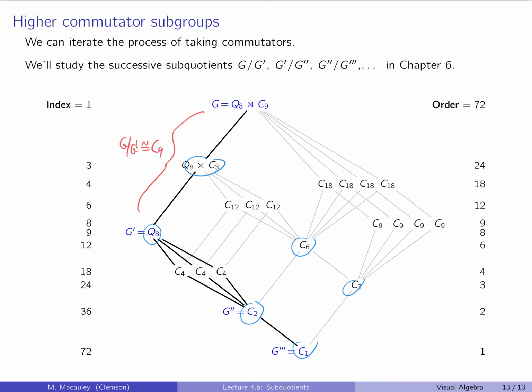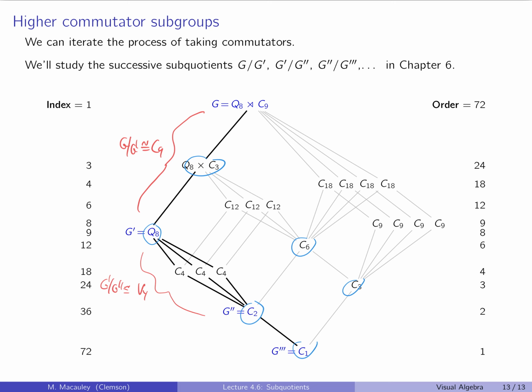And then we can iterate this process of taking commutators. This is a group, Q8. It has a commutator subgroup. Let's call it G double prime. And now this subquotient, G prime mod G double prime, is isomorphic to, you recognize it? You should, V4. This is now a group. We can iterate, we can take its commutator subgroup.